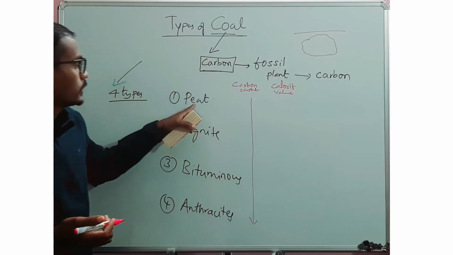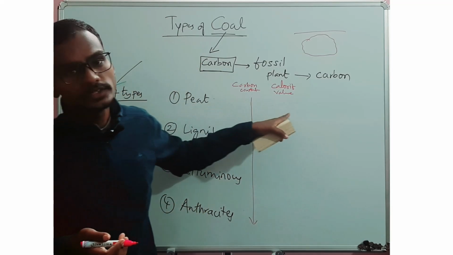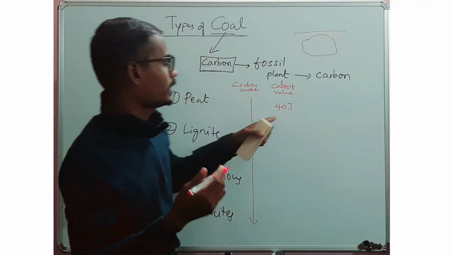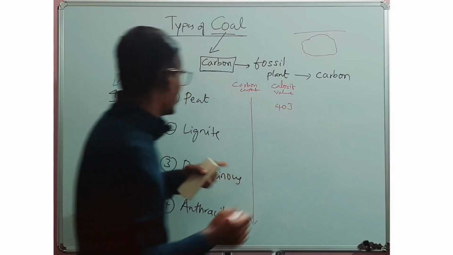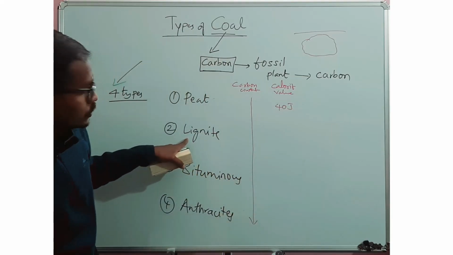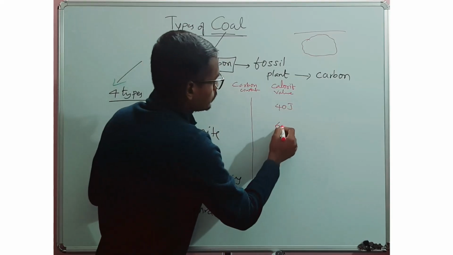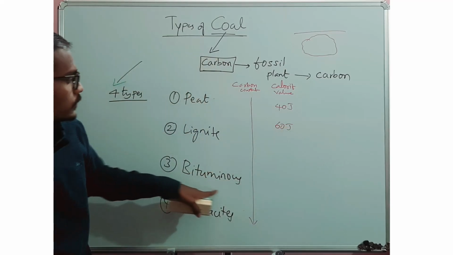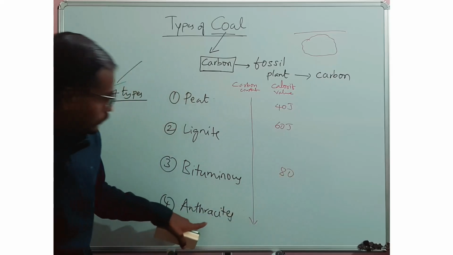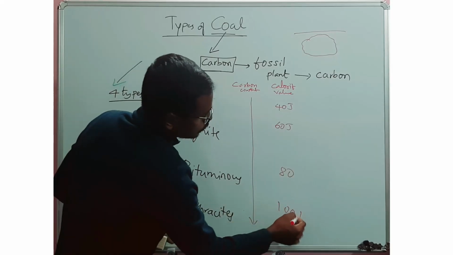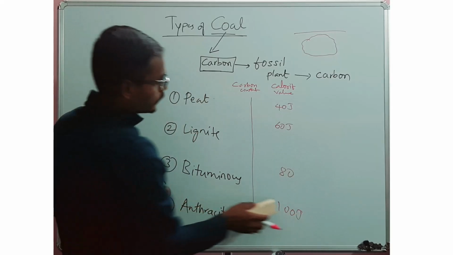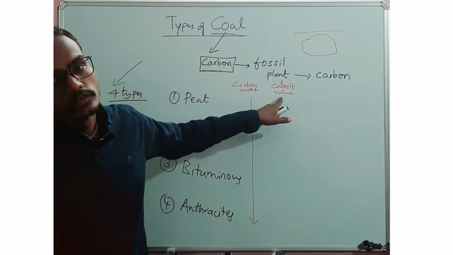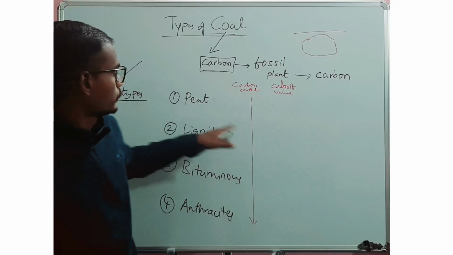If we take a kg of peat, how much energy do we get, like 40 joules, just a random number I am taking. If we take the same 1 kg of lignite, it gives more energy, 60 joules. And for 1 kg of bituminous, like 80 joules, and anthracite, 100 joules, like this.